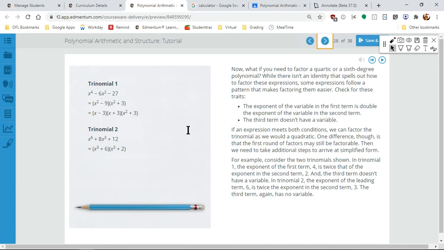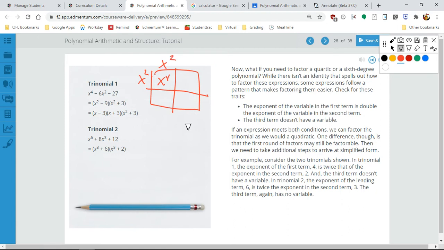Here what they're doing is they're breaking this up with this idea of, never been a fan of this, how to do this. Just think of it this way. It's a trinomial. This is x to the 4. How do I get x to the 4? X squared, x squared. I have a negative 27 here.